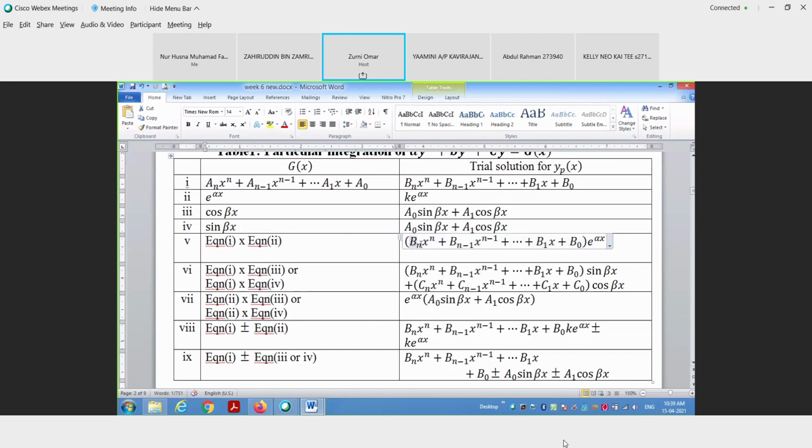Again, polynomial and also exponent. Refer to this table. Kalau exponent dia macam ni, exactly the same. Kalau polynomial order n, ini pun order n juga. Tetapi coefficient berlainan, di sini an, di sini bn. Berlainan, tapi order sama.